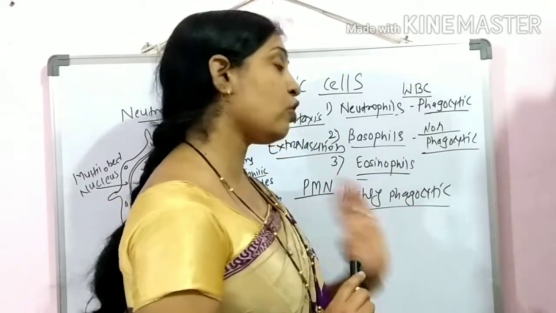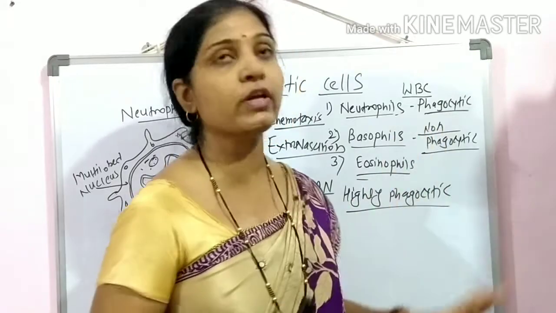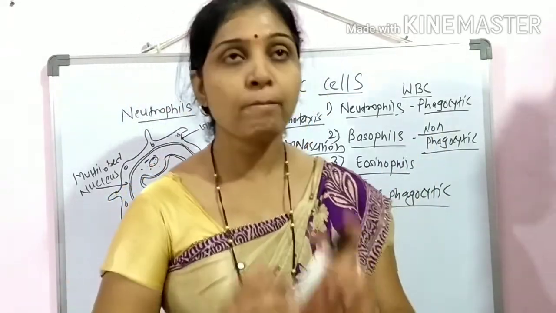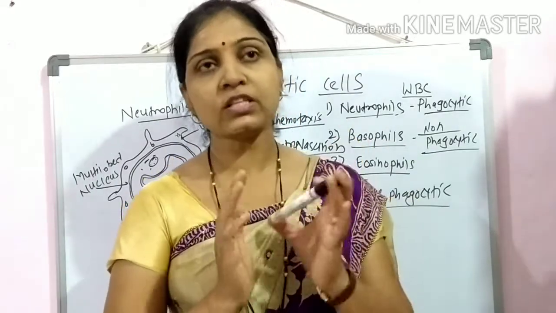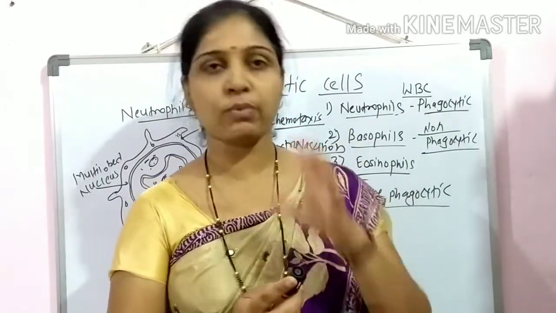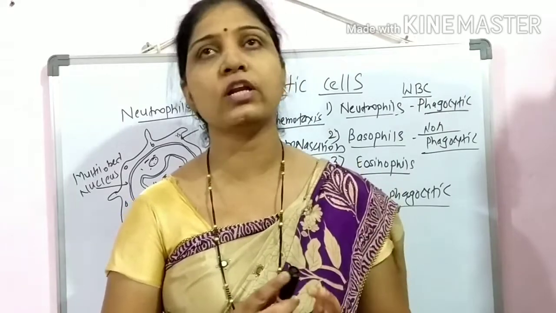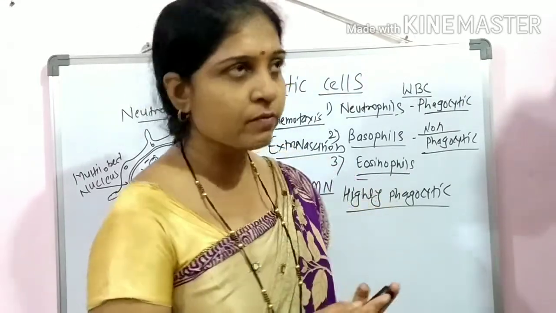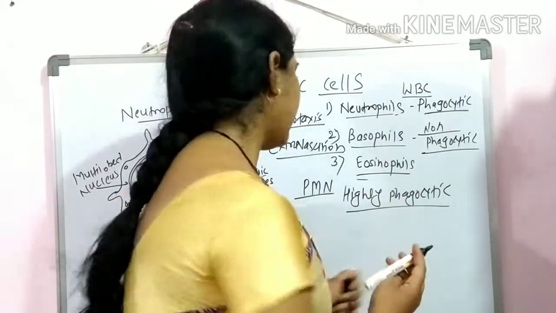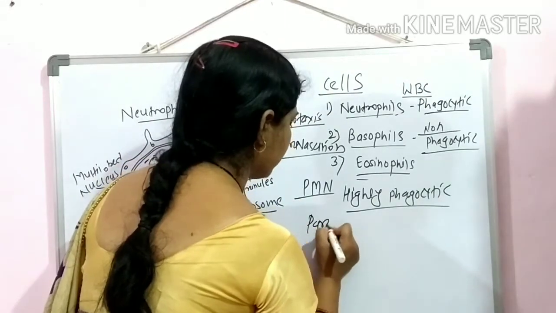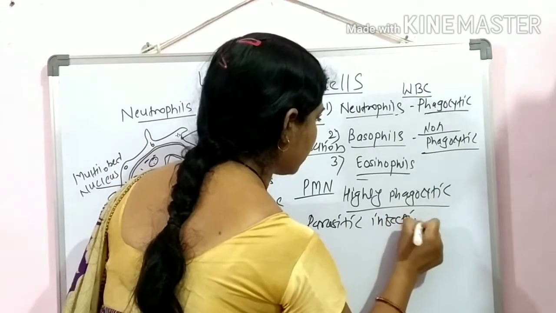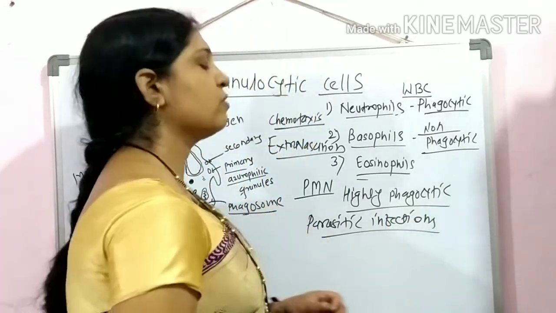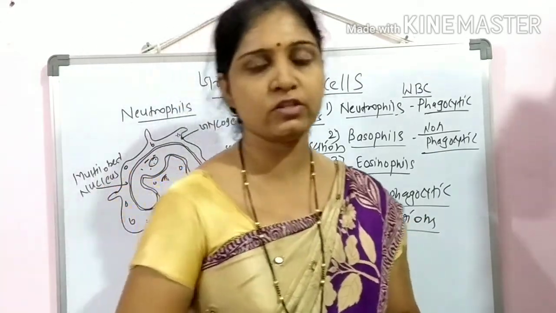They do not show any phagocytic activity, but as they are granulocytic cells, they are rich in cytoplasmic granules in the cytoplasm, which are pharmacologically active in nature. Preferentially, they show activity in parasitic infection, so there is a role of these cells in parasitic infections.